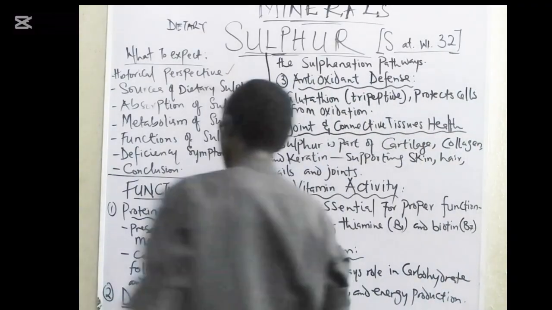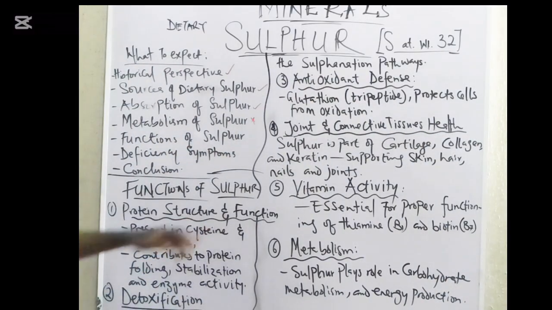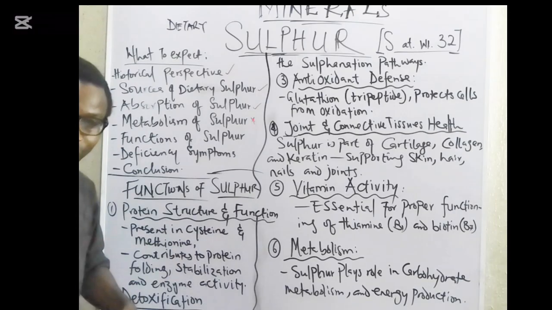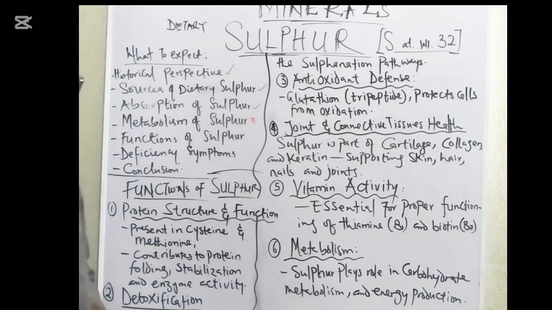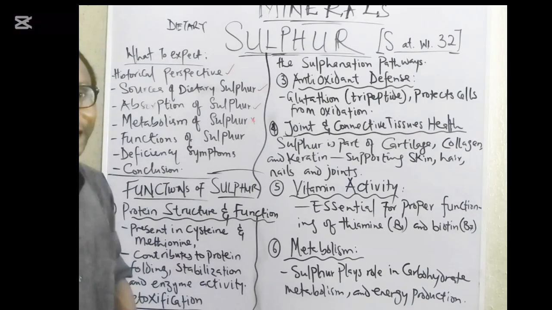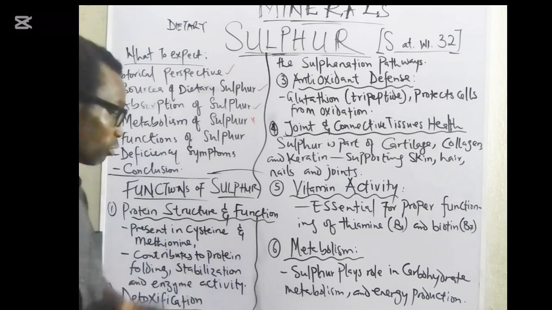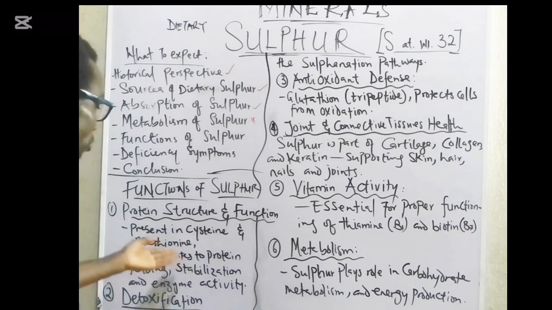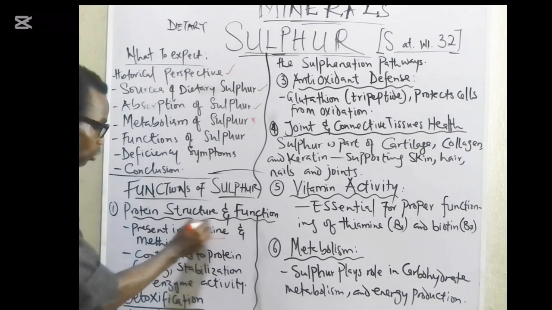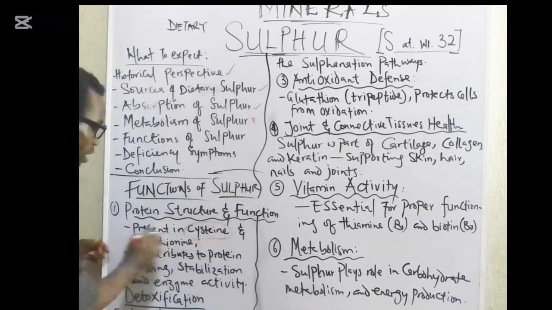Now we'll see that sulfur has a very important function as a structural part of amino acids. It's not just for the structure but also for the function. So we're looking at both the physiology and the anatomy of proteins. Now look at amino acids. You see cysteine we talked about before, and methionine.